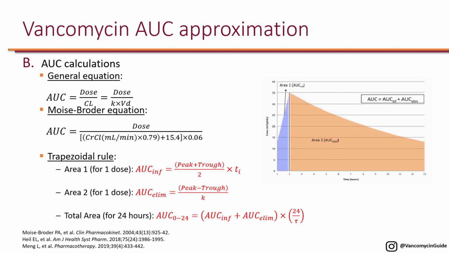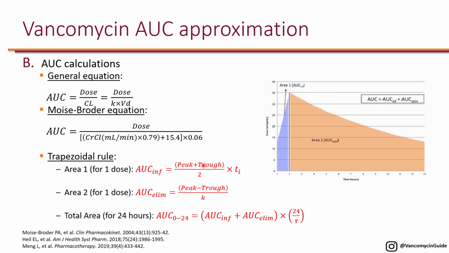Now, a better way to do it is to use the multiple levels that we got in the patient to use individualized pharmacokinetics to calculate the AUC. For doing this, we can consider two areas. The first area is the area during the infusion phase. So AUC INF, this is the first area, for one dose. And this is basically using the trapezoidal rule. So you can imagine that this is a trapezoid and you're calculating the area for that trapezoid.